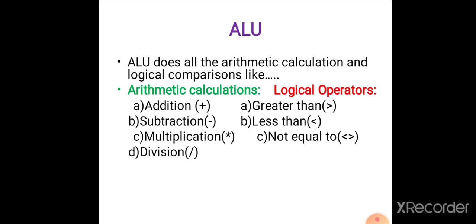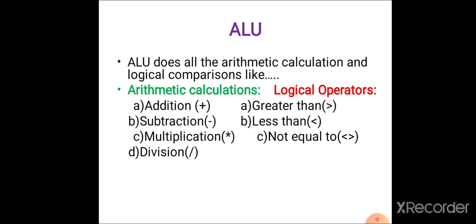ALU. ALU stands for arithmetic logic unit, and this unit helps to perform arithmetic calculations and logical calculations, or you can say logical comparisons. Arithmetic calculations means additions, subtractions, multiplication and division.